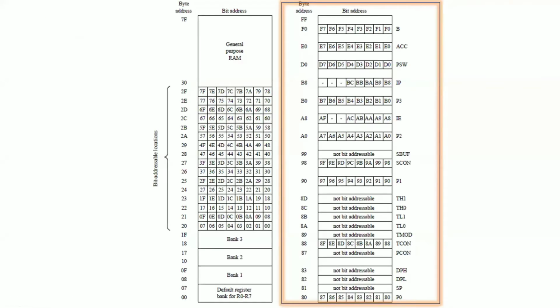Total 21 registers, right? Now why have they given these addresses to the special function registers? You know that internal RAM has 128 bytes. So 128 bytes means how many address bits are required? 128 is 2 power 7, so we require a 7-bit address bus.